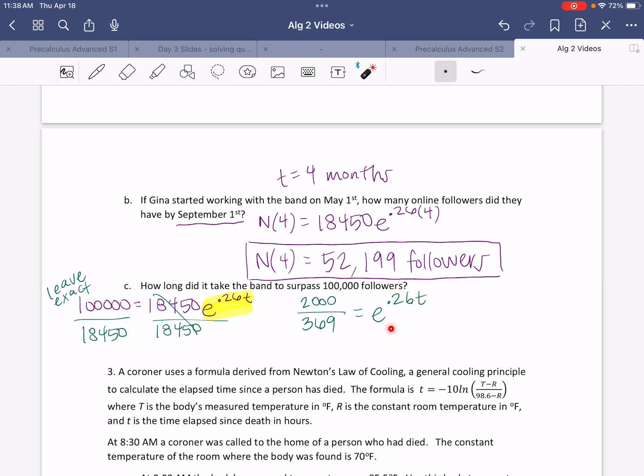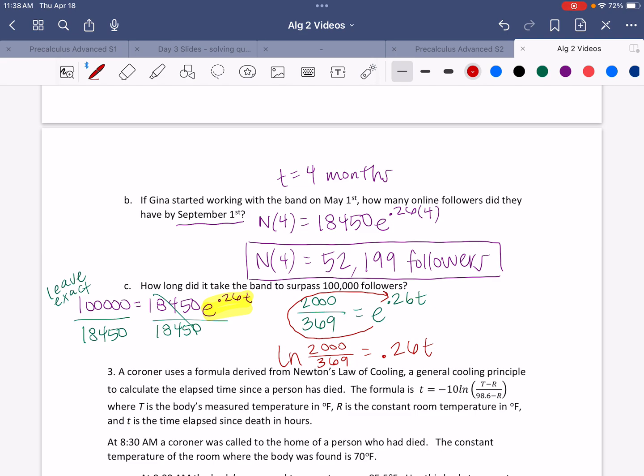Okay, now that the exponential part is isolated, we're ready for a log. So start at your base. E tells me I need a natural log, and loop it around. The natural log of this fraction equals 0.26t.